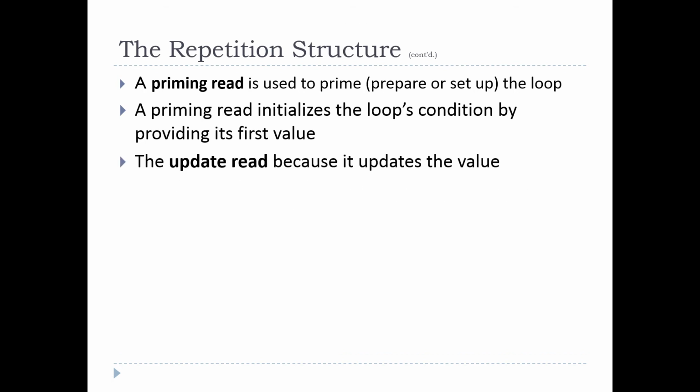That first value read into the loop is the priming read. Okay? And then as you go into the body of the loop, so inside the block of code, it's called the body of the loop, then you also want to update that read. If you're counting from 0 to 1,000, you increment the number. You're adding 1 to the counter every time until you reach a number that is larger than the maximum to exit out of the loop.